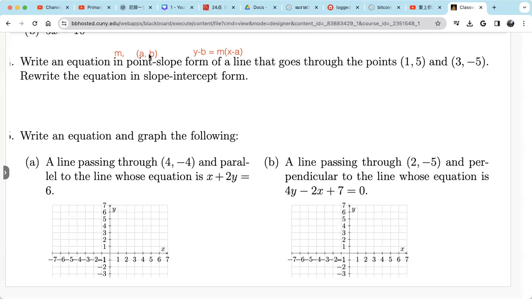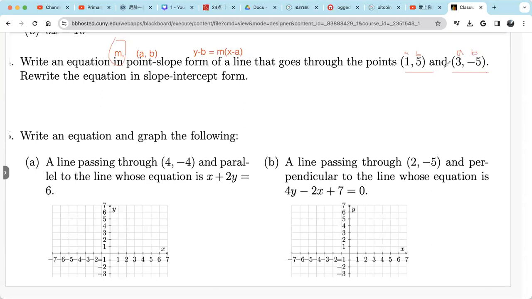Right? So this (a, b) could be (x1, y1) or (x2, y2). It doesn't matter. Here we're given 2 points. We can treat this as (a, b), or this one as (a, b), and you will see they do not make any difference. But how do we get the slope?